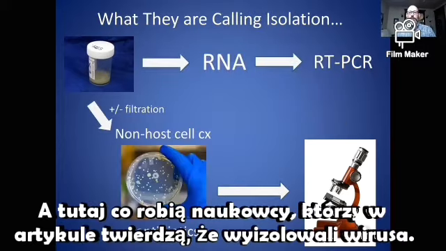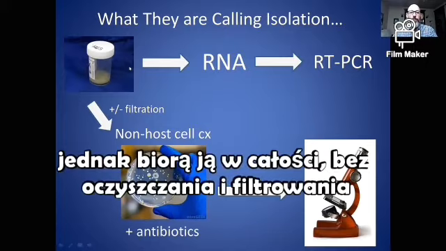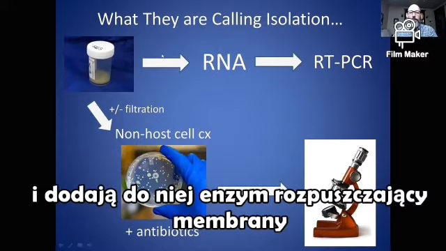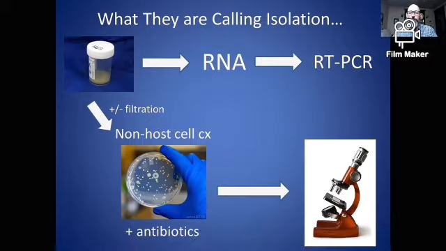Now, here's what the scientists that are publishing articles saying they isolated a virus are doing. So they start with the same sample, the lung fluid, but what they do first is they just take the whole thing. They don't filter it or purify it in any way, but they add some enzymes that dissolve the membrane so it releases all the genetic material that may be inside of cells or particles into the free solution.